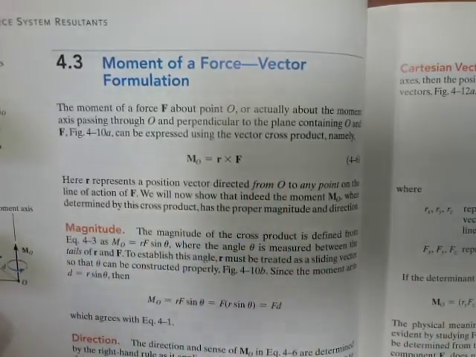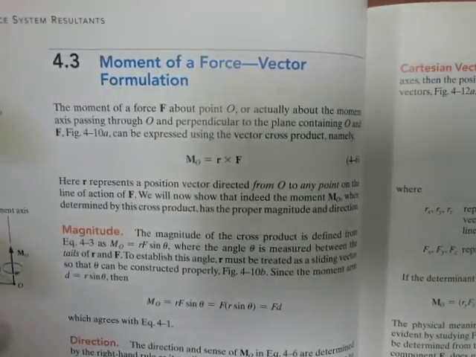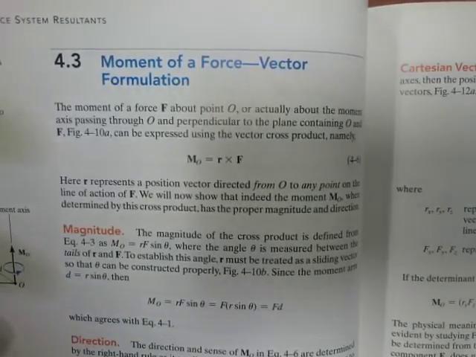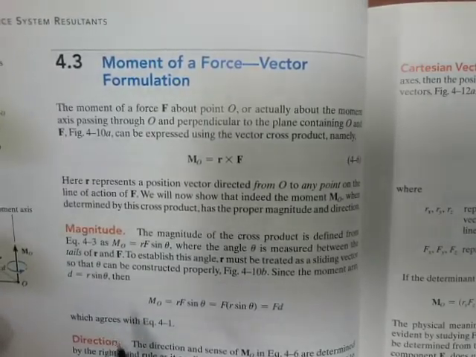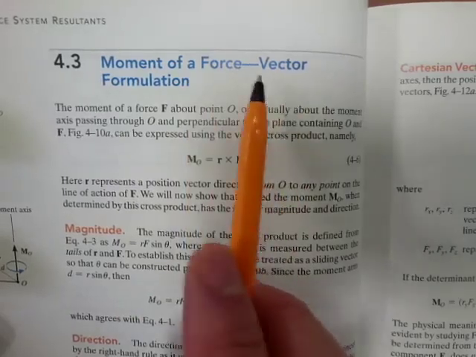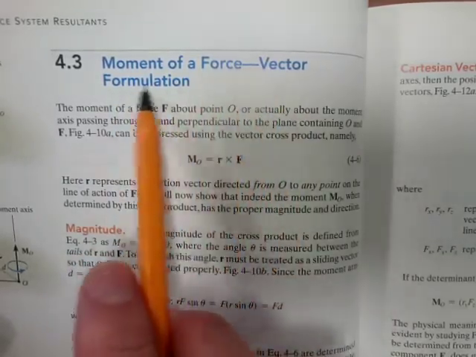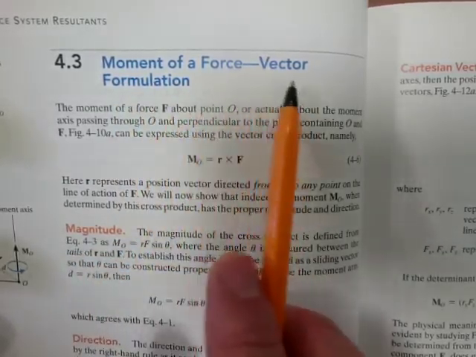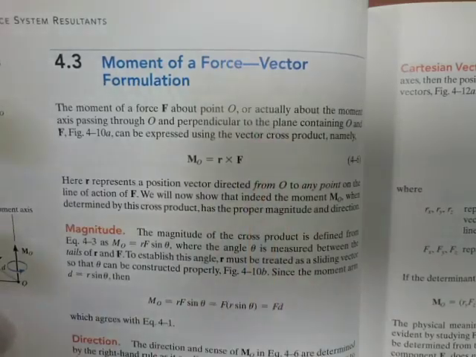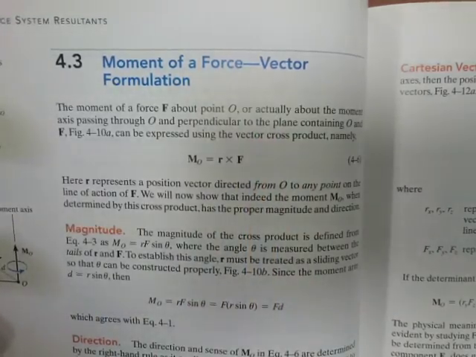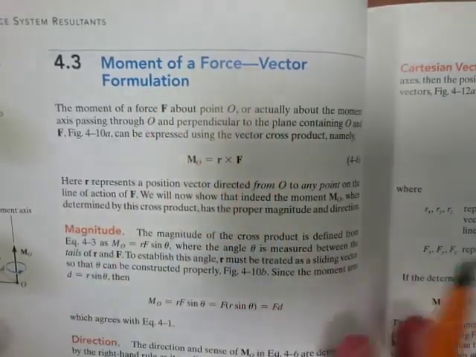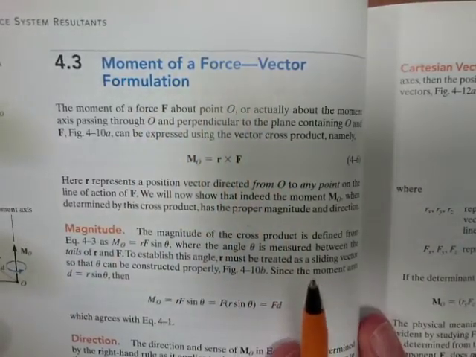But when we moved into three-dimensional space, it was extremely helpful, and possibly the only way to solve problems, to convert into Cartesian vector form. So what do you anticipate when we say vector formulation? Well, if we say we're going to formulate everything in vector form, then you anticipate that we're going to start working now in three-dimensional space. Okay? That's the basic idea that we need to understand.